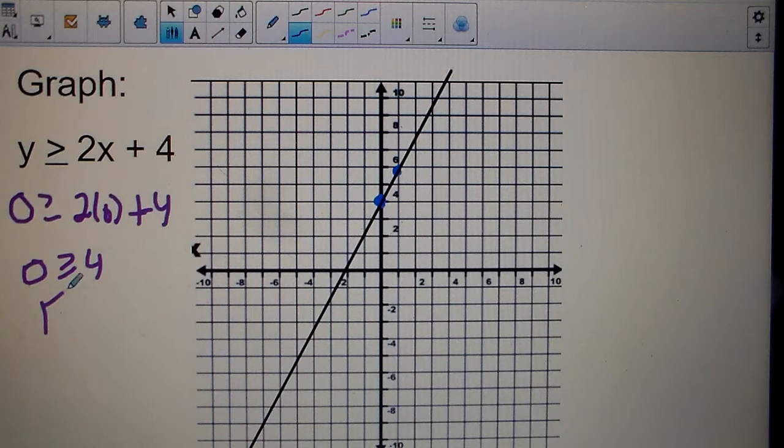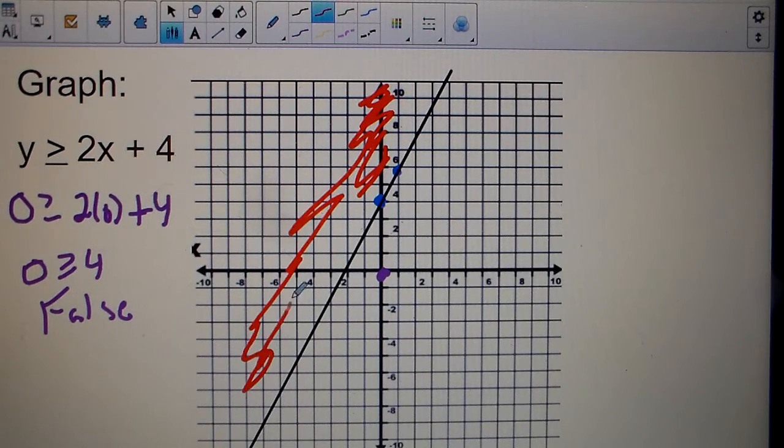Well, that's a false statement. The 0, 0 point is not true. It's false because 0 is not greater than 4. So the numbers that are greater than 4 are above it. So you want to shade above, everything on that side of the line.